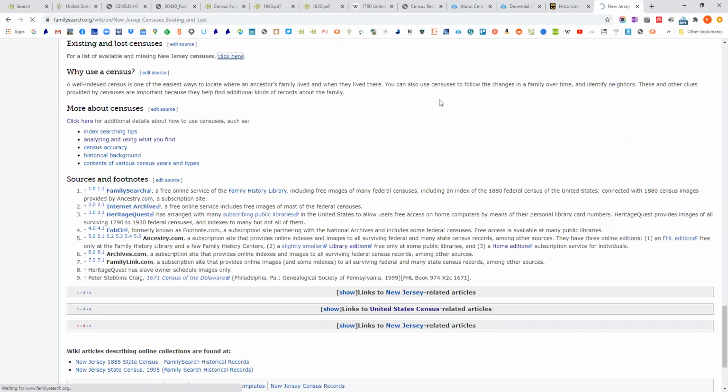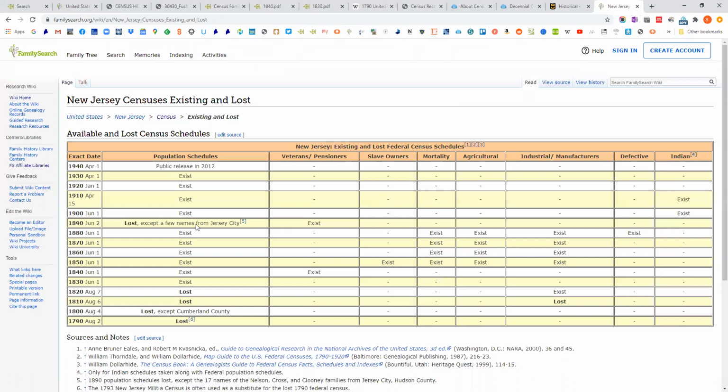Here we go. Under existing and lost censuses, you can see, for 1800, it's all been lost except for Cumberland County. So if you go into each of the states, if there are lost censuses, it will tell you the details. That's a handy thing to know.